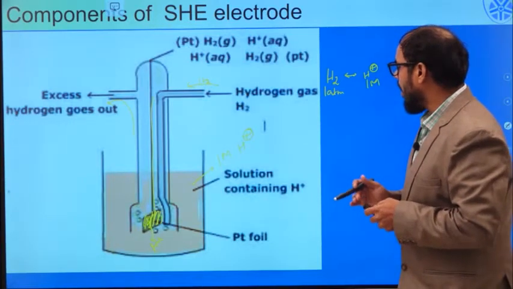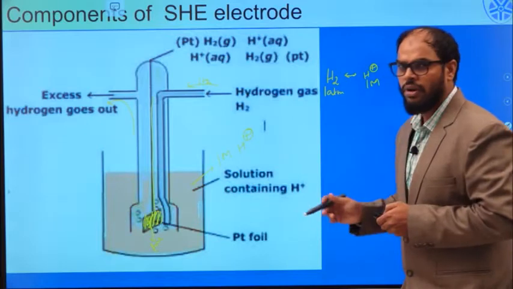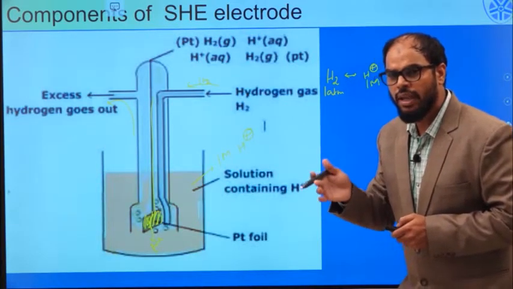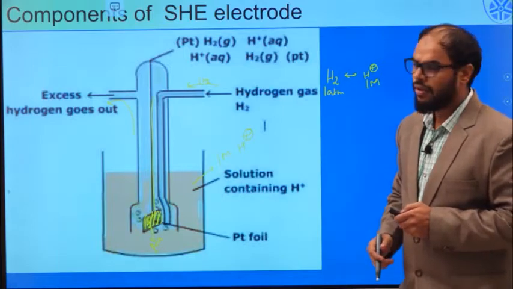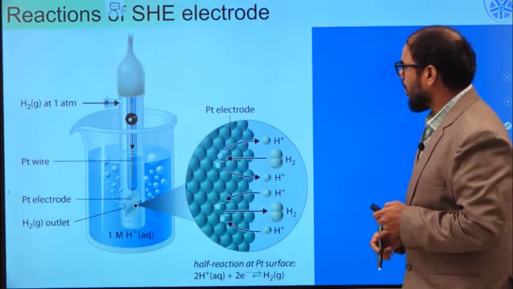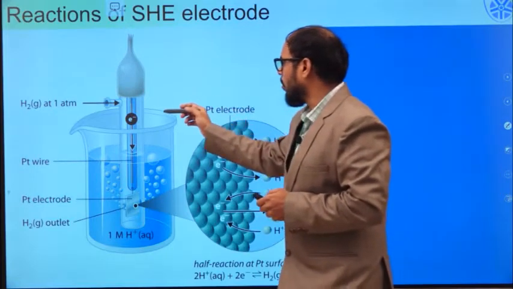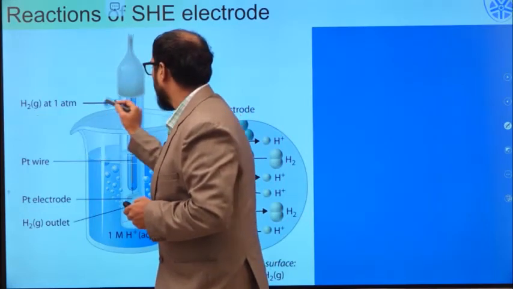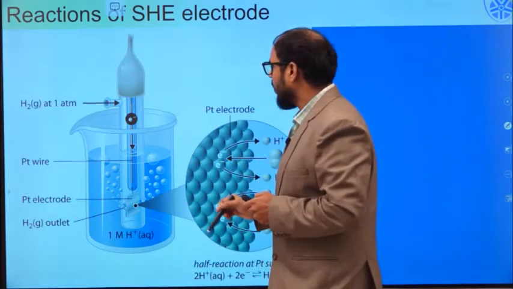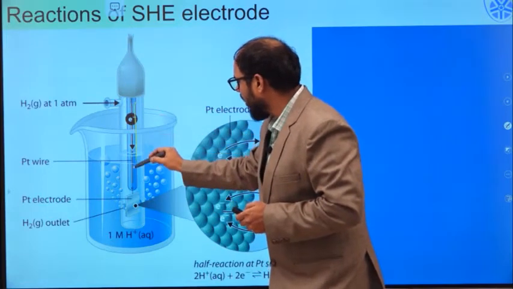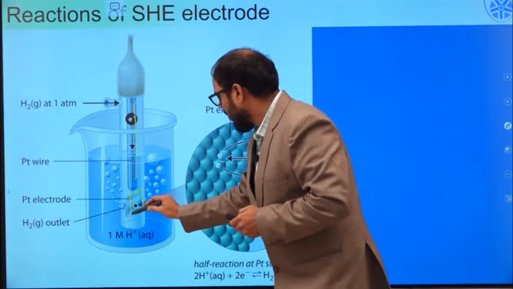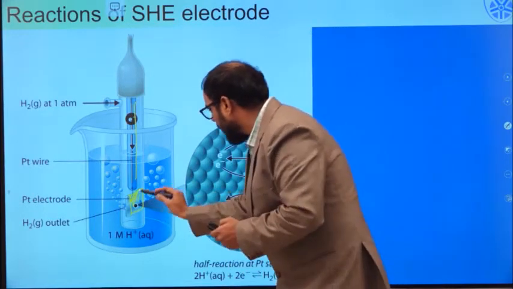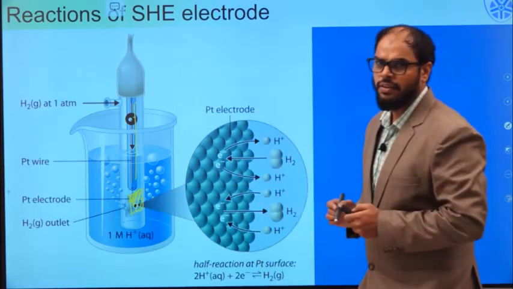Now, let us try to understand how this SHE electrode can act as an anode or as a cathode when it is connected to a working electrode. So, this is a SHE electrode where hydrogen gas is passed in through this inlet, and you can see here this is the platinum wire which will connect to the platinum foil, and it is on the surface of this platinum foil that the following reactions occur.